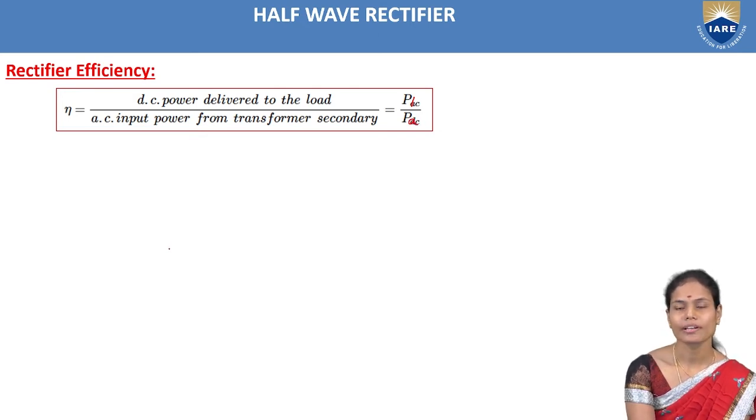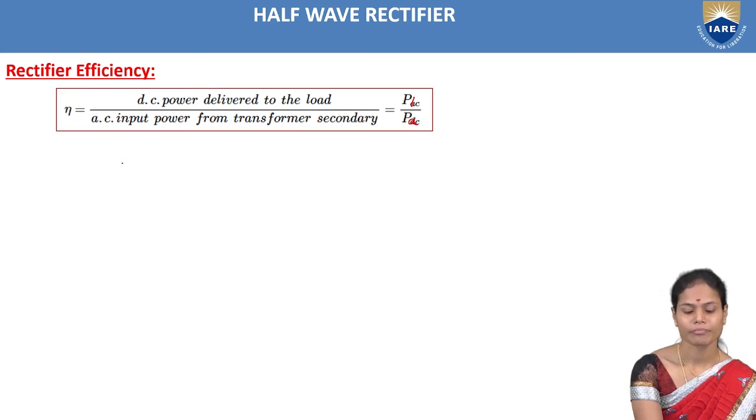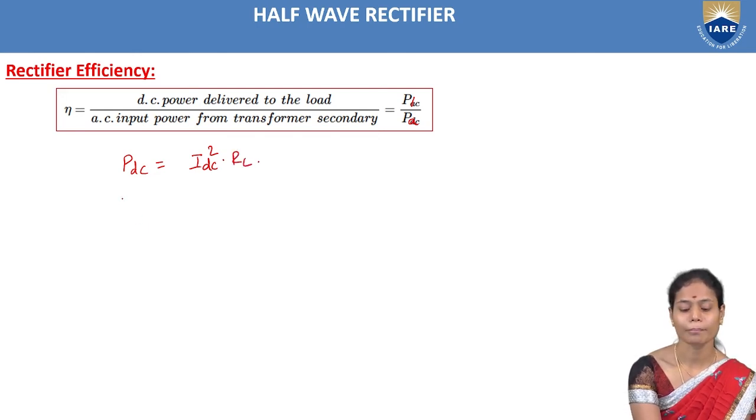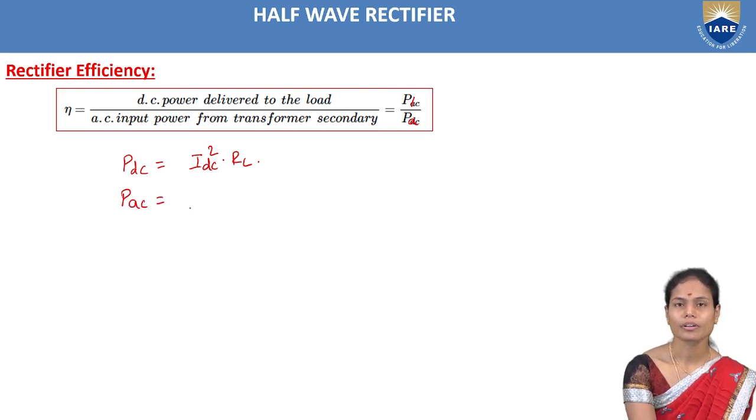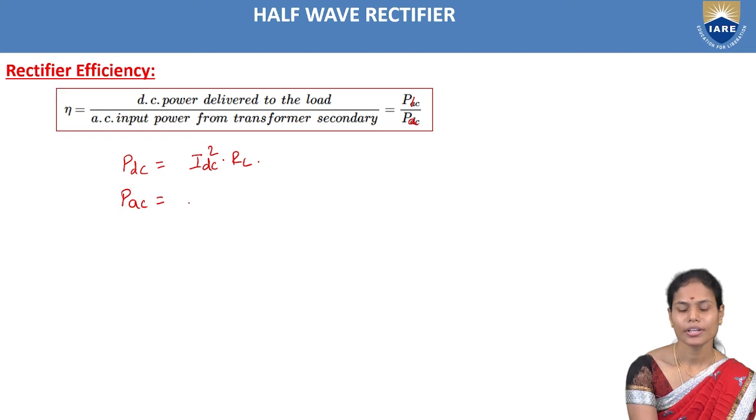So how to calculate this DC power as well as AC power here? PDC we can calculate as IDC square into RL. So this one we can find directly. But while coming to the AC power of the half-wave rectifier, here we have two AC powers, that is PA plus PR.